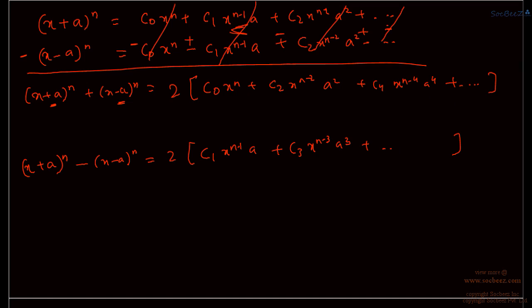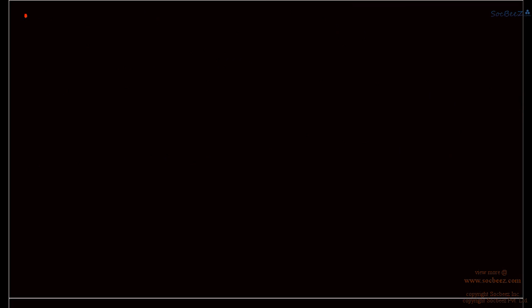Let us now take up the multinomial theorem. The multinomial theorem is nothing but the generalization of the binomial theorem. We will be taking up only a small part of this.